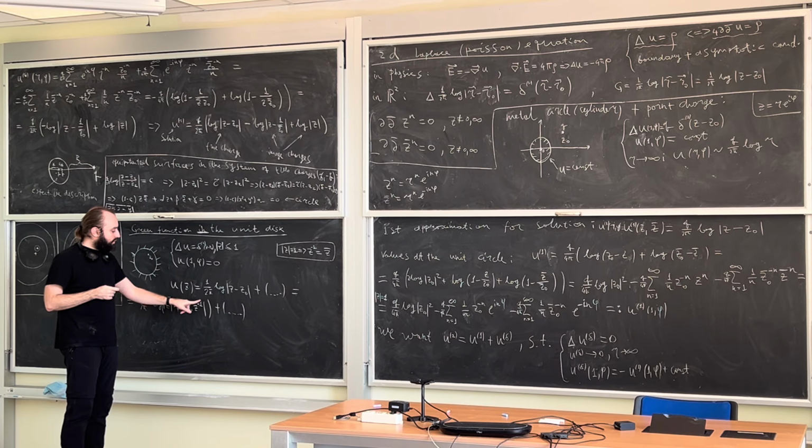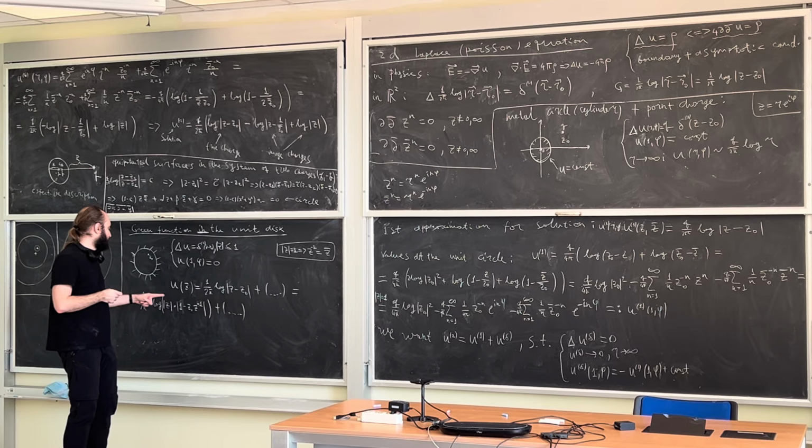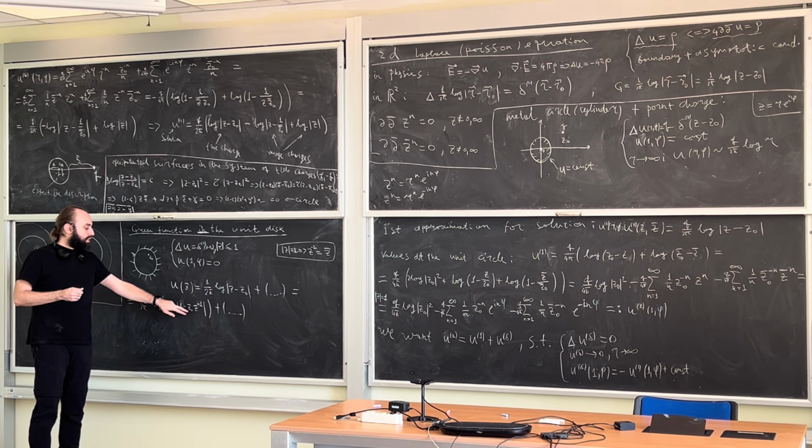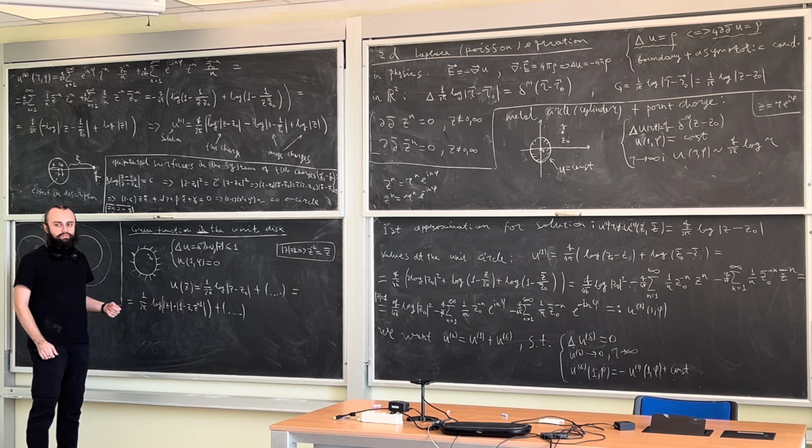No, not argument, but we can replace the inverse by z bar. Because this term will be analytic inside the unit circle, because z0 times z bar is less than 1, it will not have singularities, but they coincide on the unit circle.